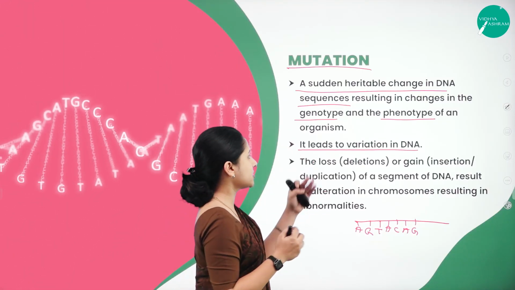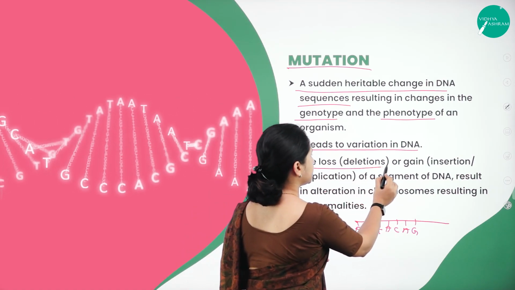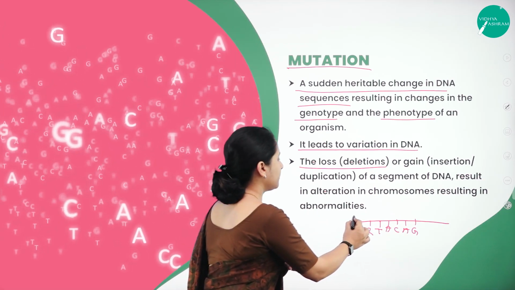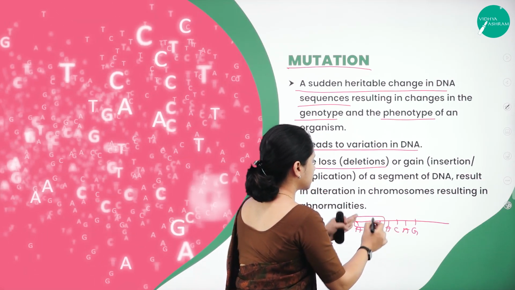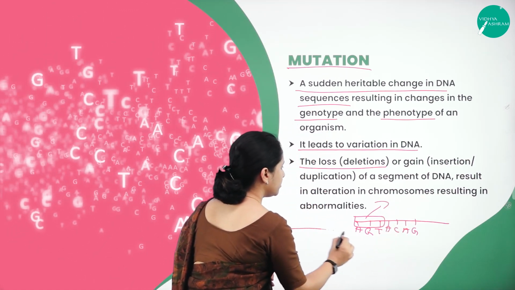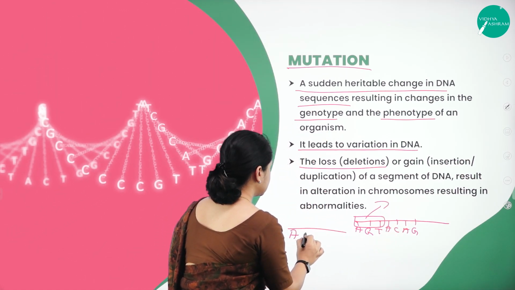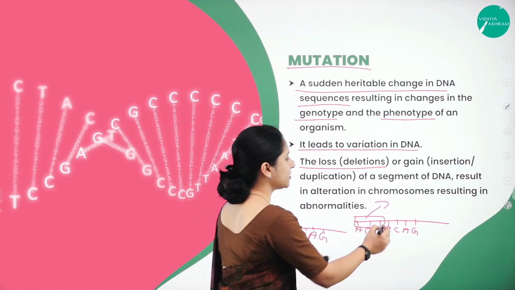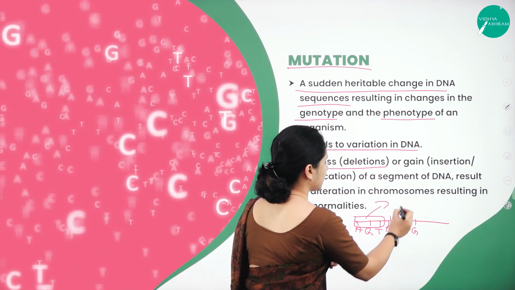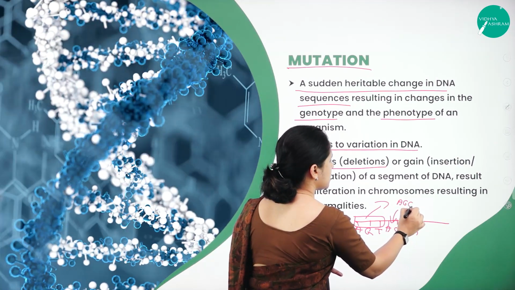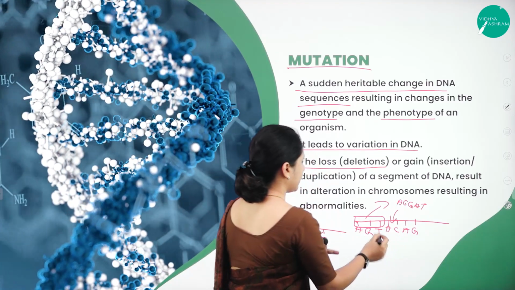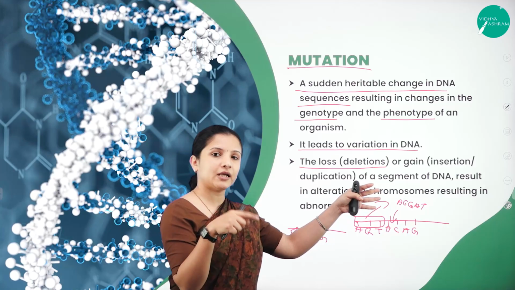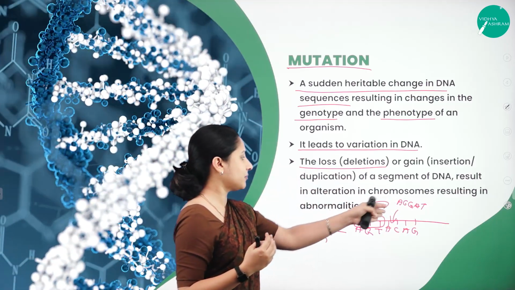What kind of variation? Either there will be a loss or gain of nucleotides. For example, this nucleotide may be lost, so you may have only A, C, A, G. Sometimes, in between, some other nucleotides may get added, say A, C, G, A, T. So either nucleotides or a part of the DNA may get deleted, or a part of DNA may get inserted.